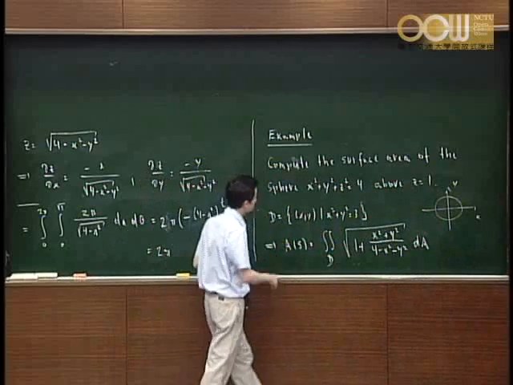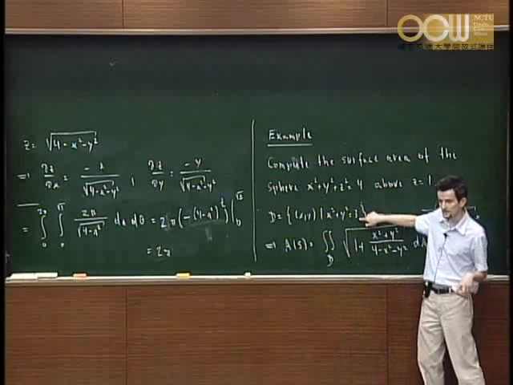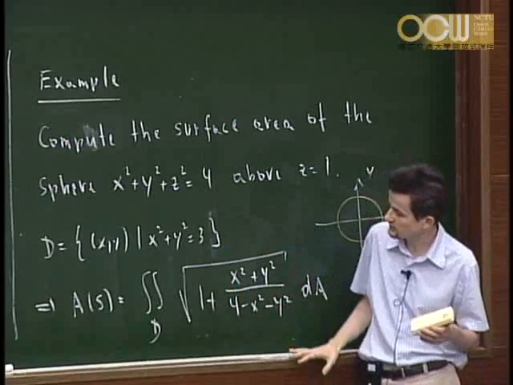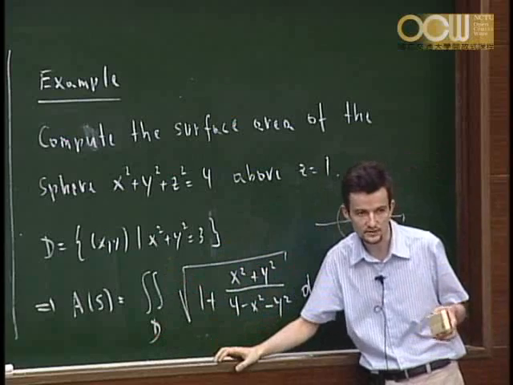The only difference is that here you have x squared plus y squared equal to 4. But this will lead to a problem which is not a huge problem here, namely this integral will become an improper integral.